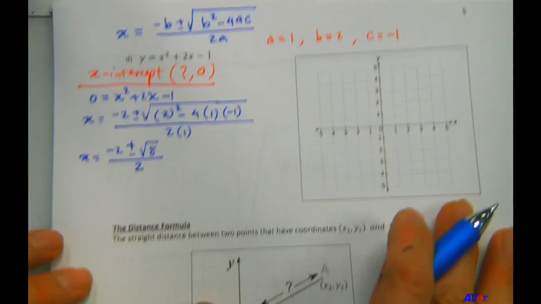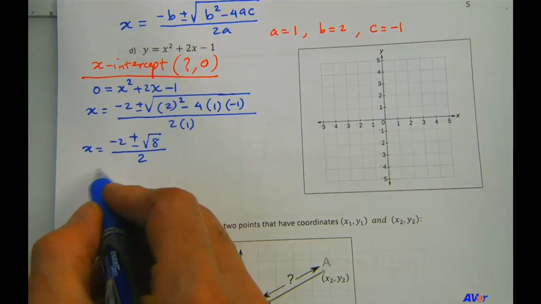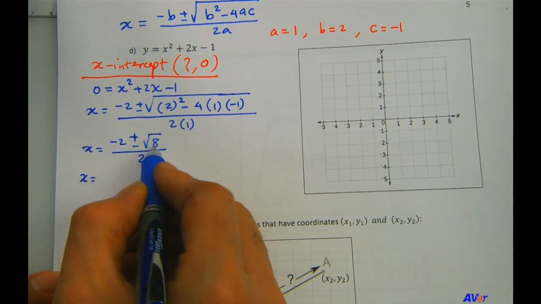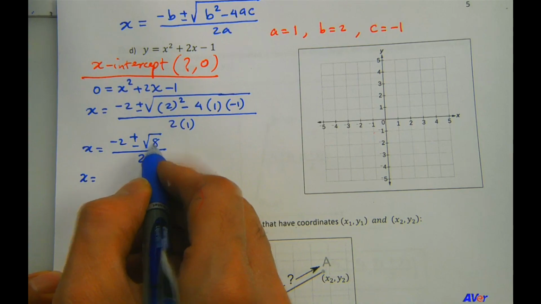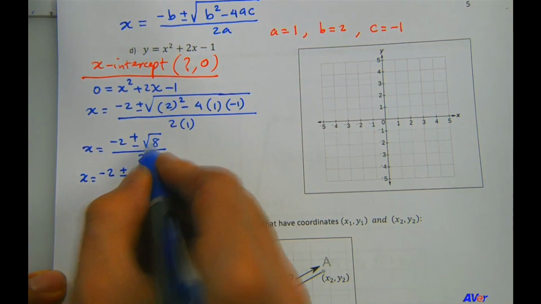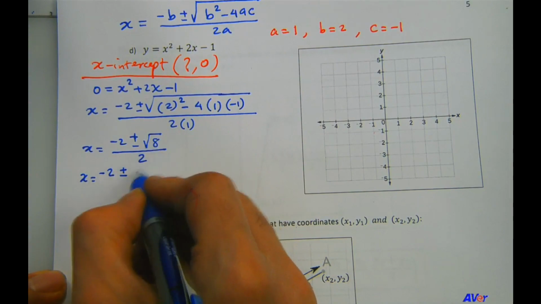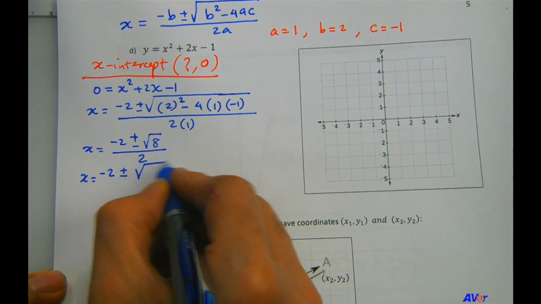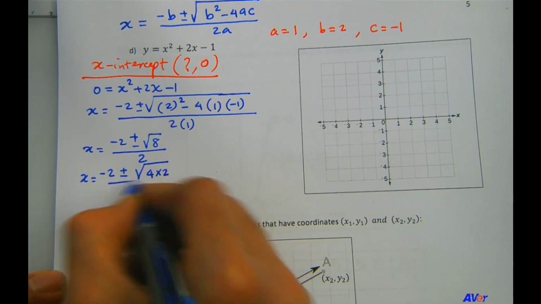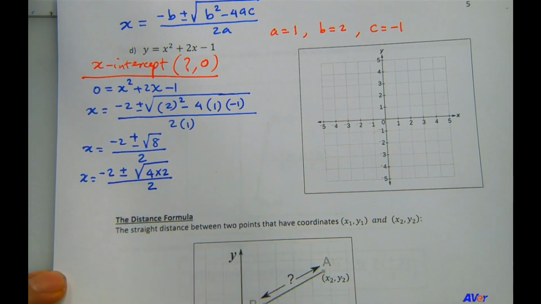So then what do we get? We get x equals minus 2 plus or minus the square root of 8, over 2. We can simplify this. How? Plus or minus the square root of 4 times 2, divided by 2.